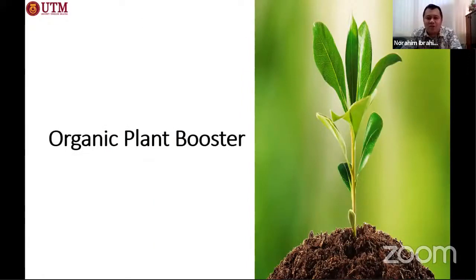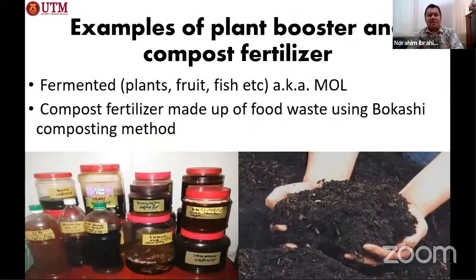Now we go into the organic plant booster yang kita nak cakap hari ni kan. Okay, plant booster examples. There are two ways that we can use to produce fertilizer using the food waste. The first one is using fermentation method, which is what we will be talking about today.